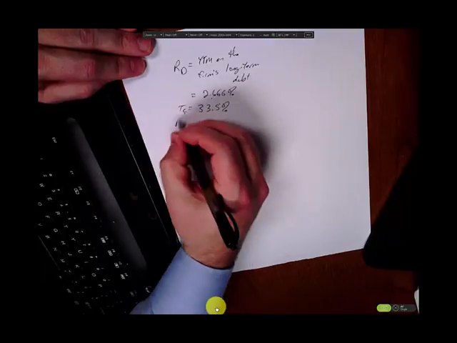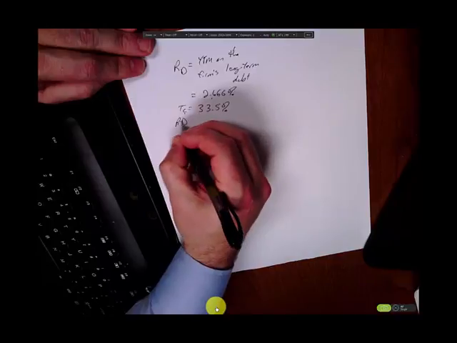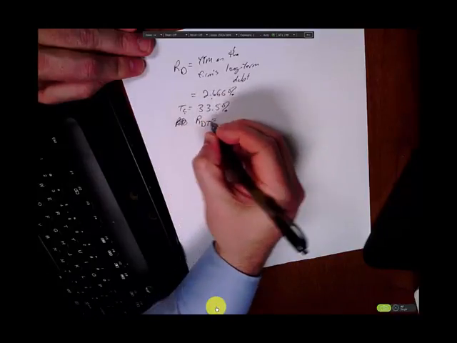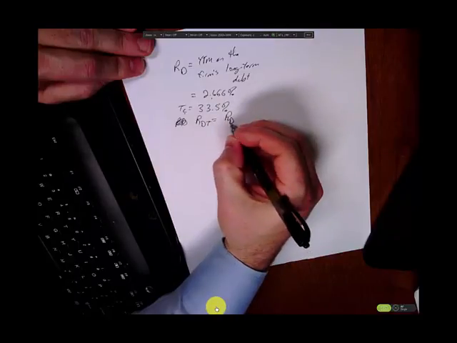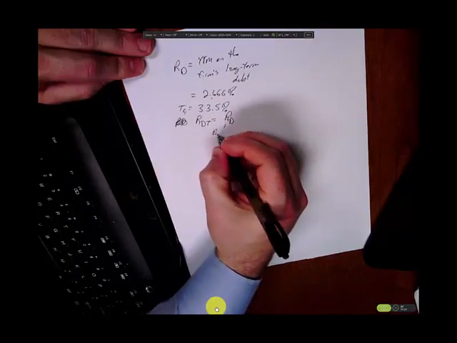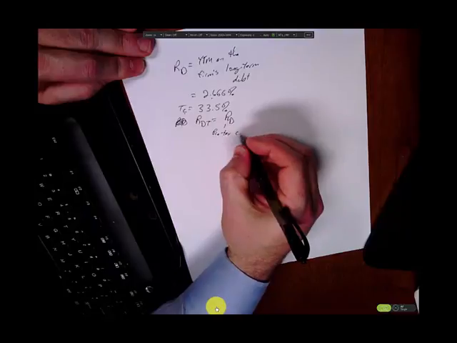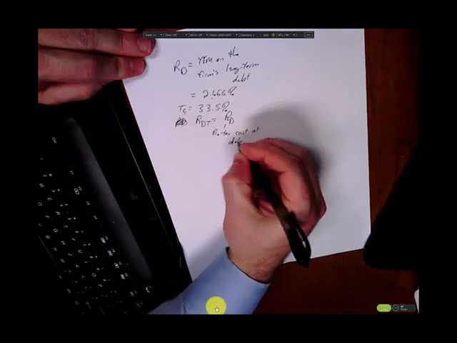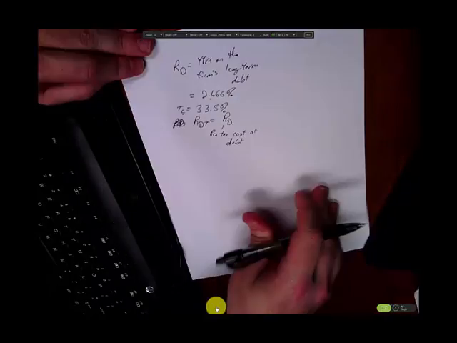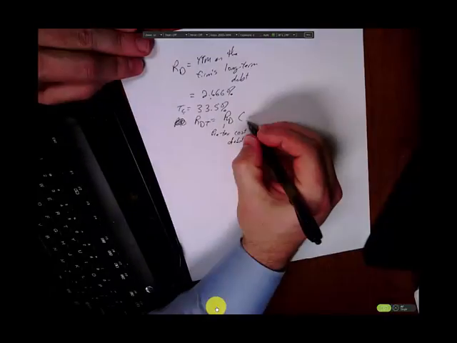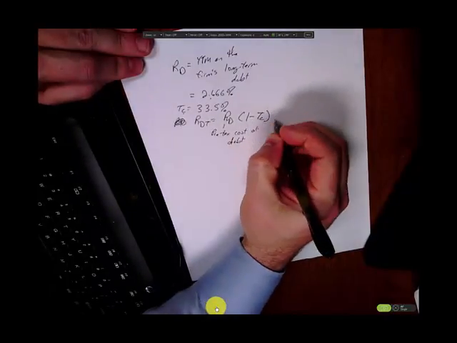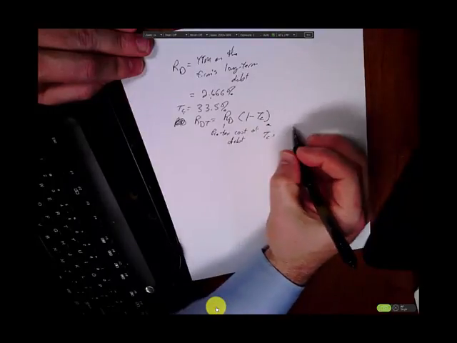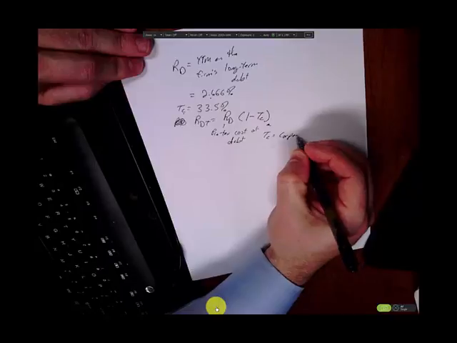So the after-tax cost of debt, R sub D T, is equal to the pre-tax cost of debt, which is R sub D, multiplied by 1 minus T sub C, where T sub C is the corporate income tax rate.